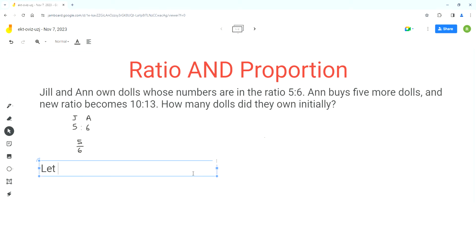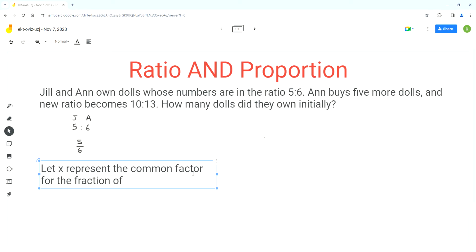So let x represent the common factor for the fraction of number of dolls owned by Jill and Anne initially at the beginning.